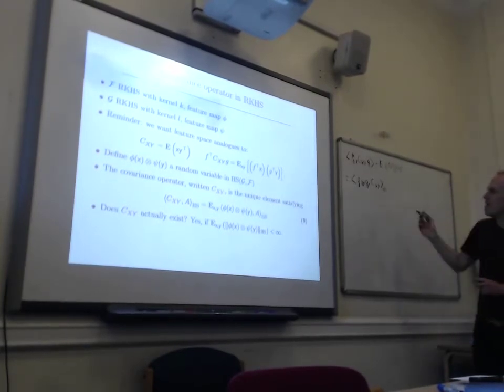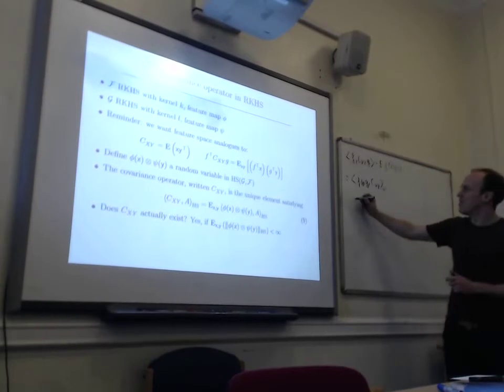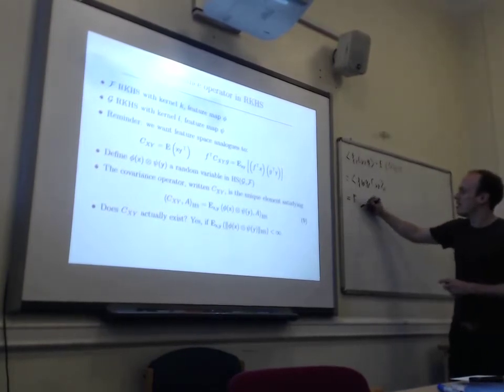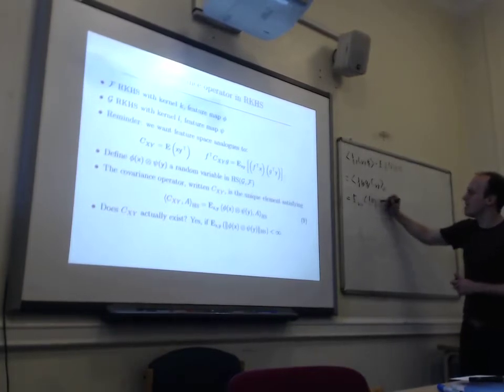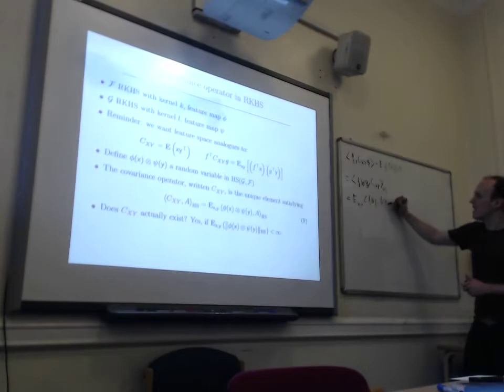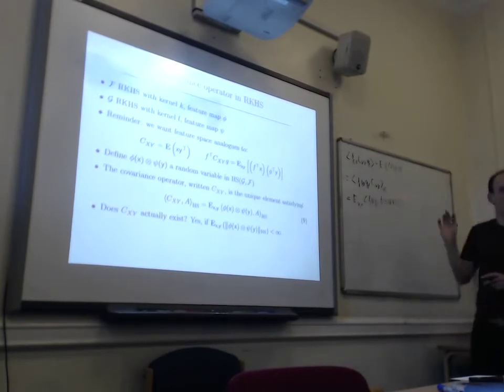Okay. Now, what's the definition of the covariance operator? Well, this is the thing that takes the expectation over x and y of f cross g and phi x cross phi y. Okay? This is the definition of the covariance operator. We showed that such an operator exists. Okay?